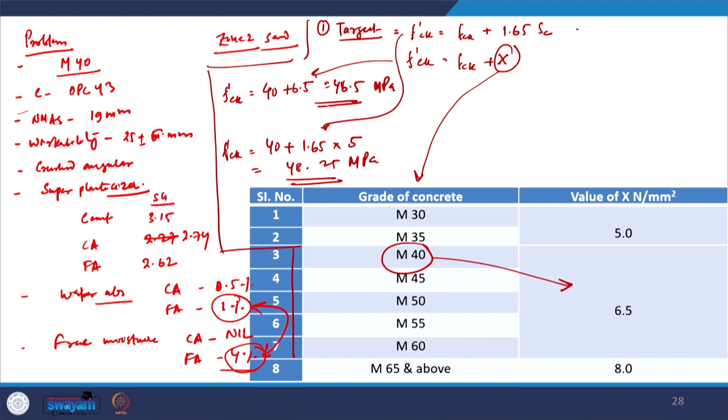Out of these two values, 48.25 is the maximum. So the target compressive strength is equal to 48.25 MPa. This is what we will consider in the design, 48.25.